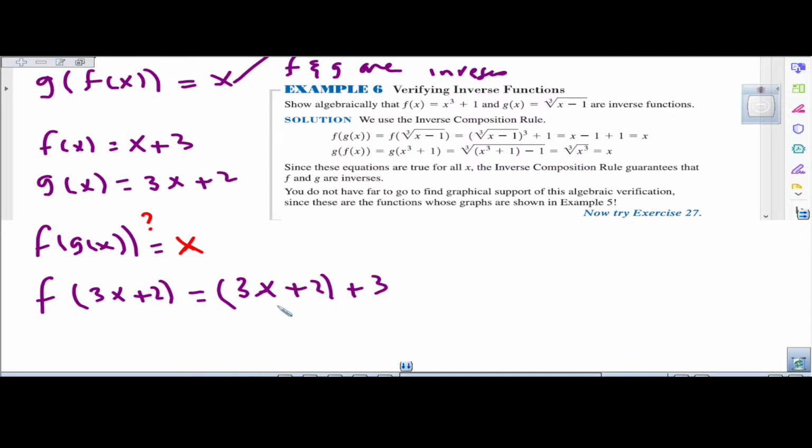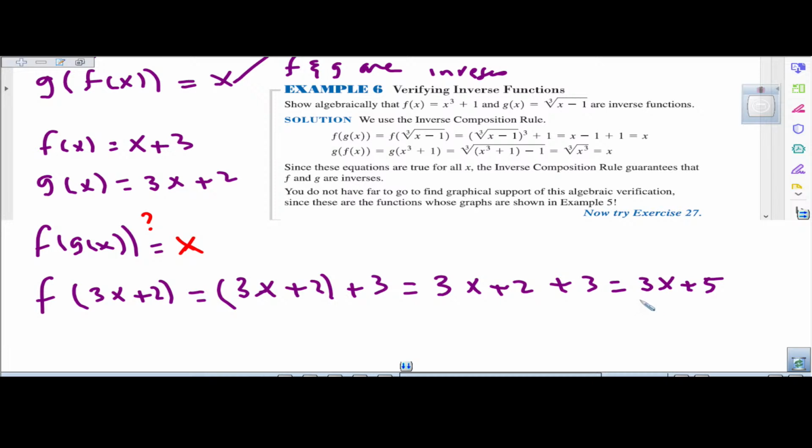Plus 3, which is 3x plus 2 plus 3. Okay, how much is that? 3x what? Come on, Salma, I see that. That's good. 3x plus 5.